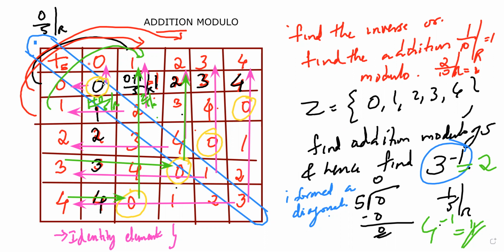So the only thing which is matching is 0, that is my identity element. So I circle out all the zeros. And in the question, we have to find 3 inverse. So 3 inverse, directly point out to 0. This 0 is pointing out to 2. 3 inverse is 2. This hardly takes around 1 minute or less than that. Is it clear for everyone? It should be.